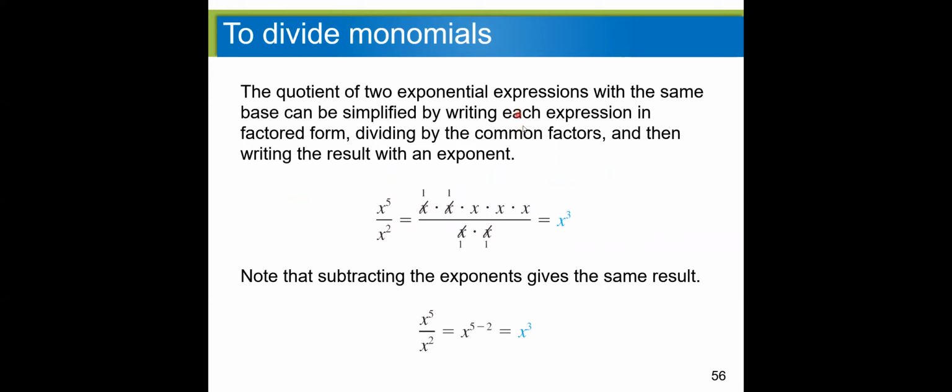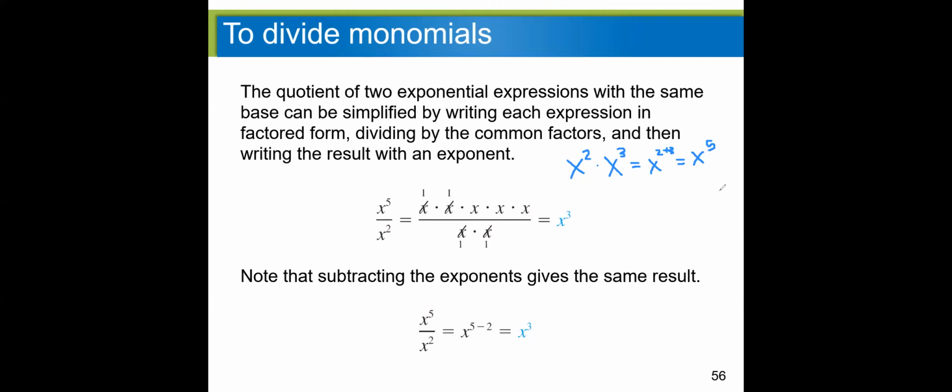Remember previously we discussed if you have multiplication of different exponents on the same base, such as x squared multiplied by x to the third, you can rewrite that as the exponents added together. X squared times x to the third is x to the fifth, because 2 plus 3 equals 5.